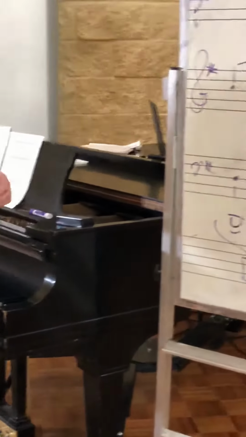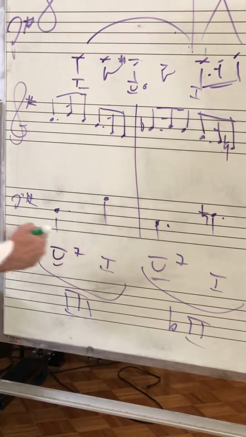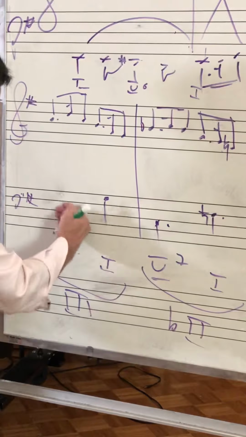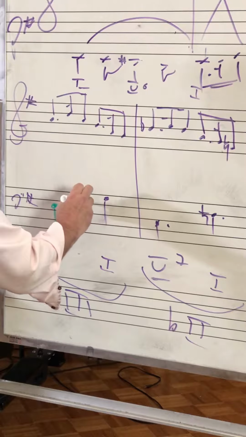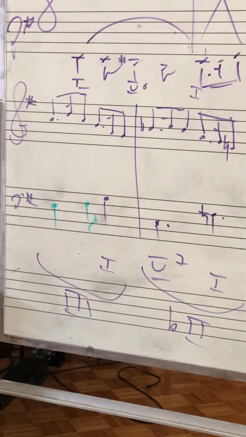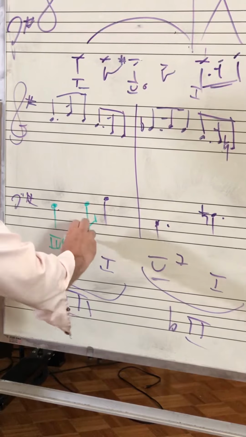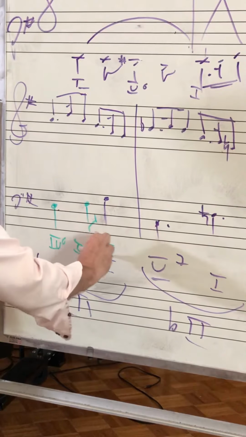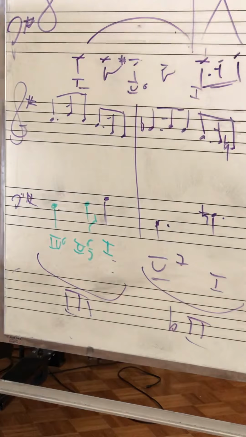Now, we could make it a little fancier if we wanted to. Instead of having a root position 5, 7 to 1, we could make it a little more contrapuntal. Okay, we could have this be a little less cadential sounding. I'll play you that alternative.